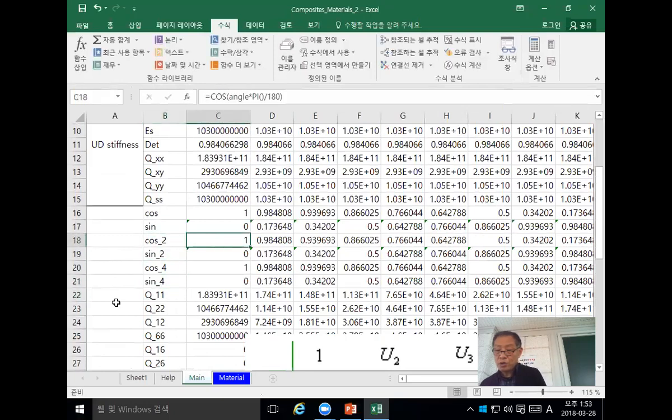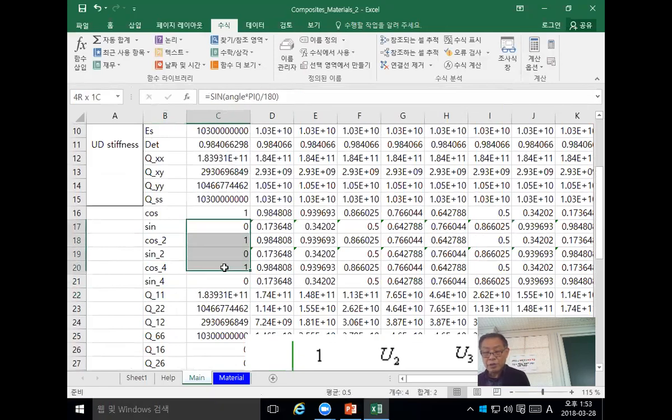And now cosine 2 is what? Twice the angle. And sine, twice the angle. And cosine, 4 times. And sine, 4 times.